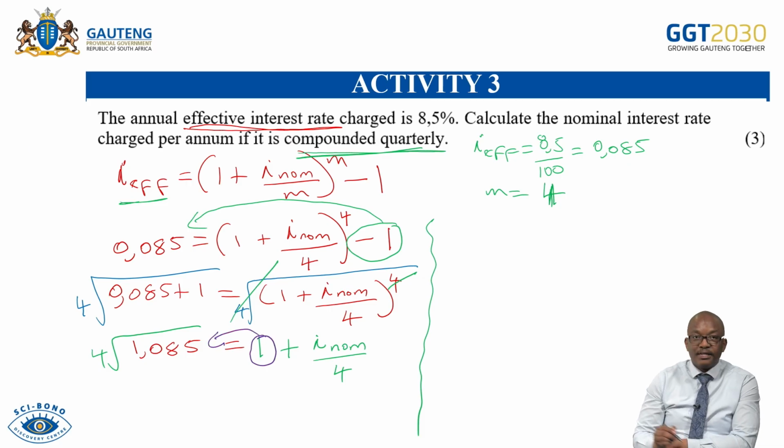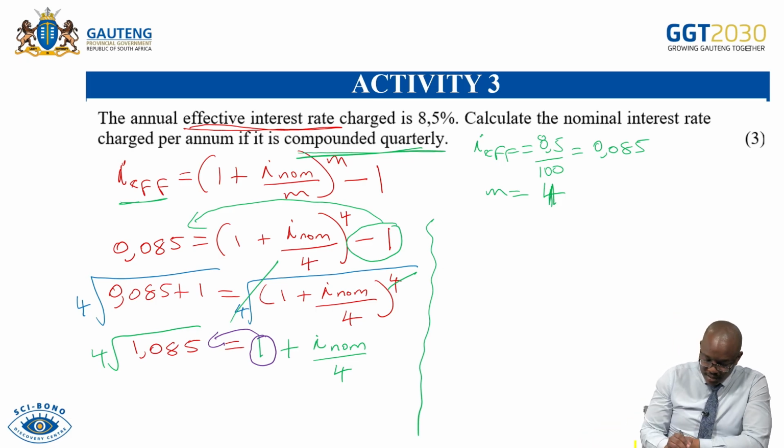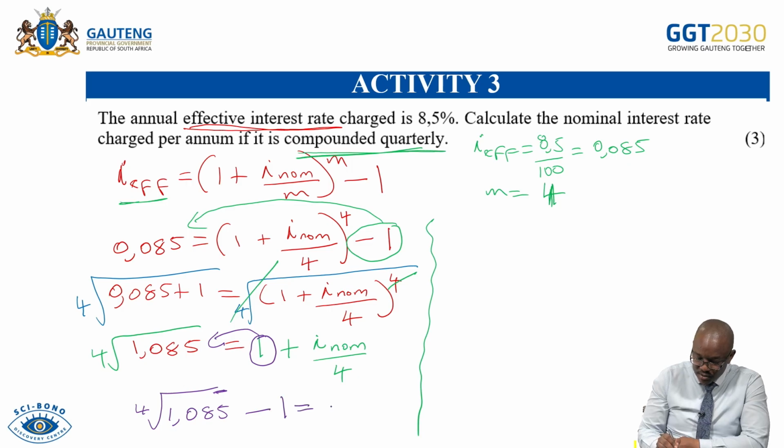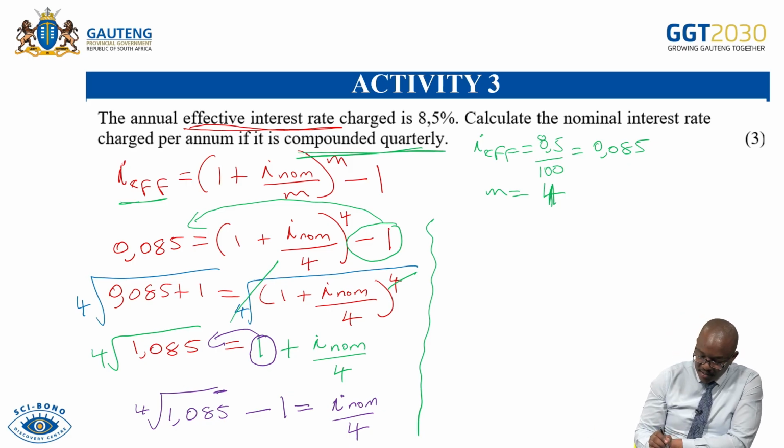And make no mistake, that 1 is not going to be inside the root. So here you're going to have the 4th root of 1.085 minus 1, it's equal to your i_nom divided by 4. See that one?